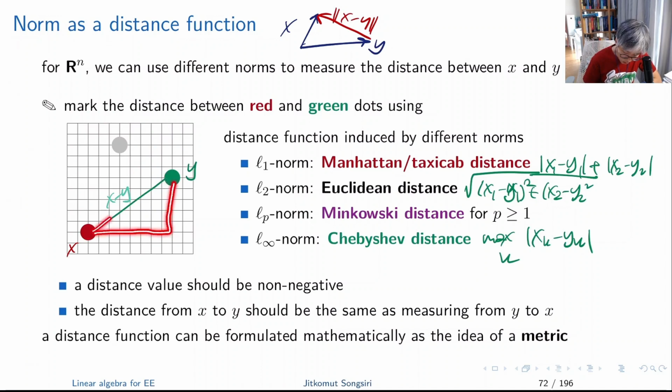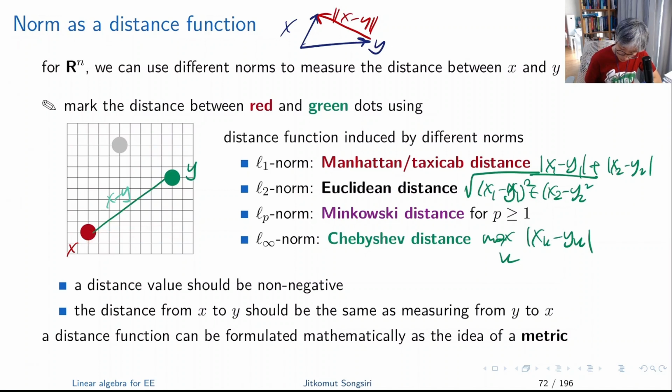You don't walk straight from x to y, just like when you use the Euclidean distance. For the infinity norm, or what we call Chebyshev distance, you measure this side and this side and see which one is maximum. In this example, it's supposed to be this width, right? So the infinity norm is the width of this side.